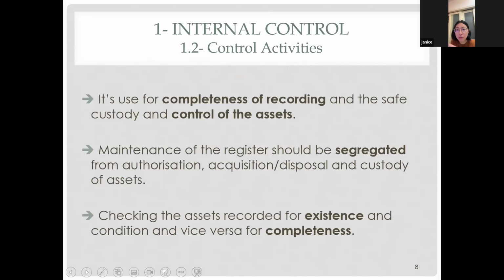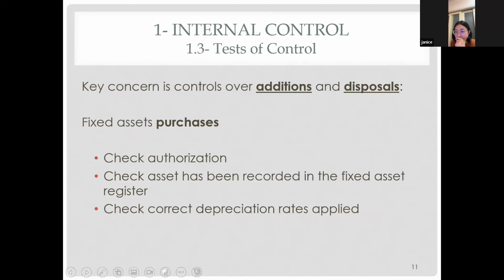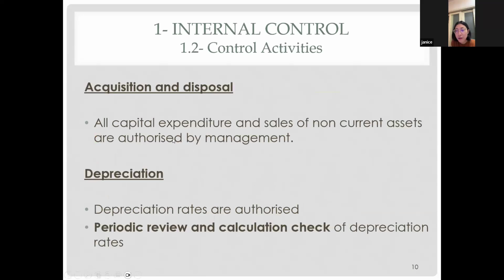We'll do the non-current asset after, and when after we talked about that, for all acquisitions and disposals, we want to make sure that they are authorized by management, right? So what does it mean?